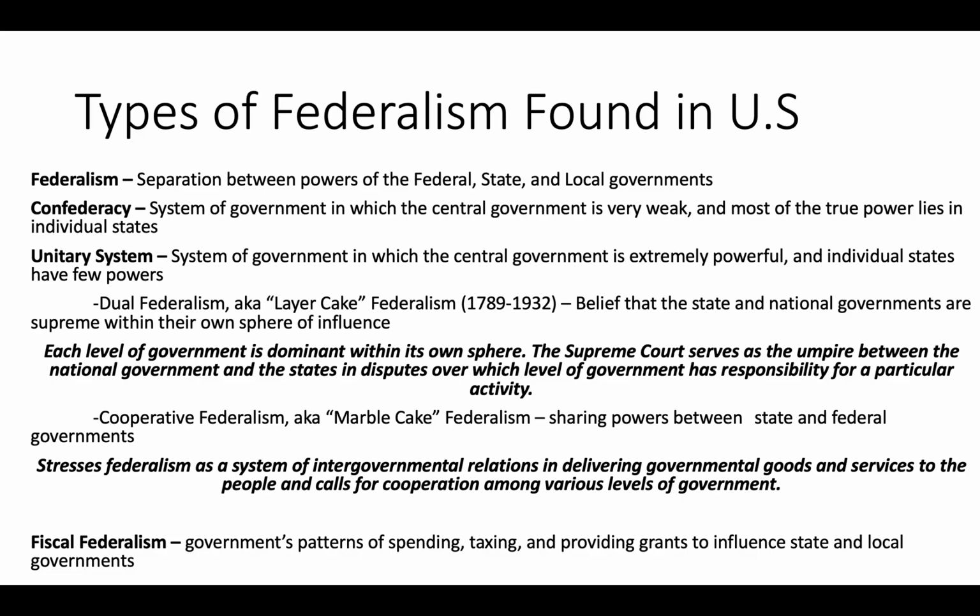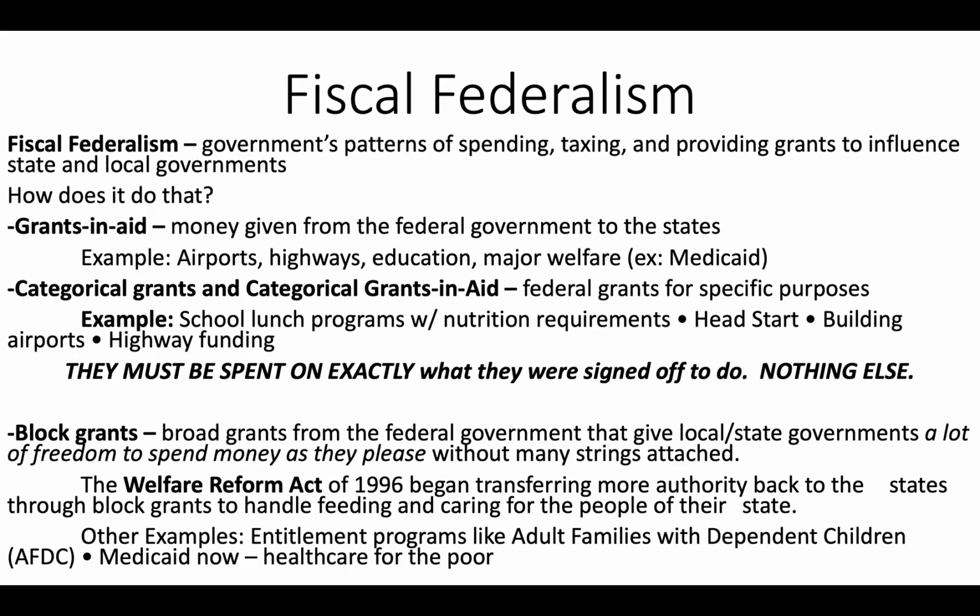Did we get to that yesterday? Okay, so fiscal federalism. Don't write down the definition because it's the same one we talked about yesterday from the other slide. Fiscal federalism is when governments have patterns of spending and taxing.